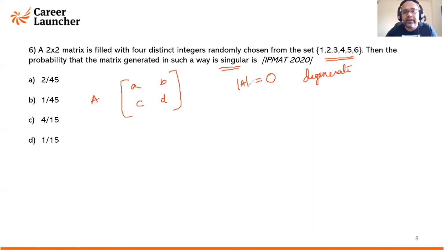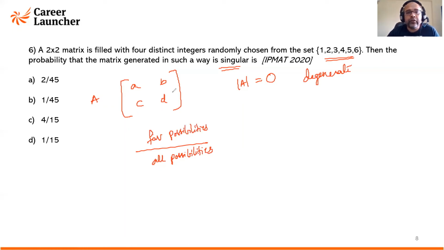Now, this is what is given. So first we want the probability of the matrix being singular. Now, the basics of probability tells you that the denominator should be all possibilities and the numerator should be only the possibilities that you want, that is favorable possibilities.